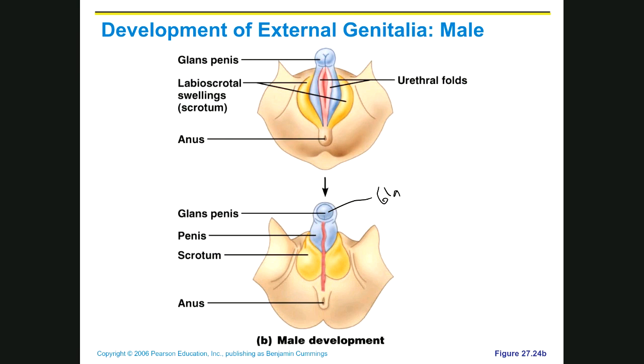This opening that we see is going to seal up, but you can always see where it used to be. Looks almost like a seam or some sort of ridge there where you can see where this used to be. These are going to become the scrotum. And so when this baby's born, it's going to look very much like a male.